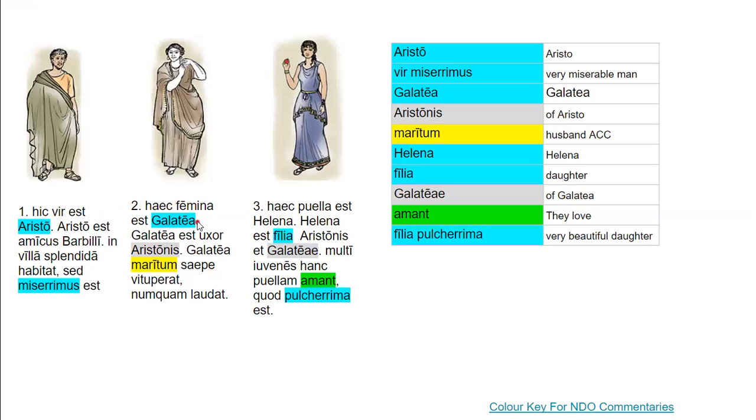Galatea is a character from several different mythological stories. Specifically, there's the story of Acis and Galatea, a story set on Sicily of two young people, and there's the character Polyphemus, who's a one-eyed Cyclops who falls in love with Galatea.